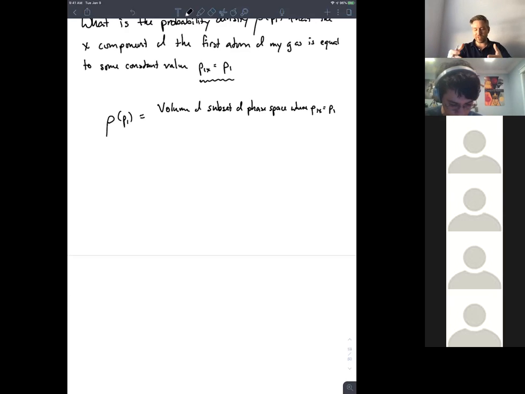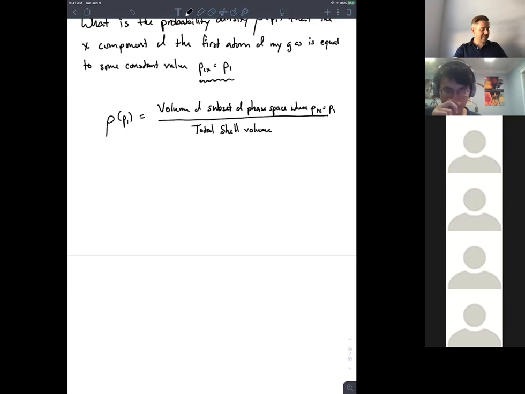Because the volume is essentially proportional to the probability, this is proportional to the probability we're interested in. And then to make this equal to the probability, we have to normalize it. So we divide by the total shell volume, and that will give us our probability. Okay, does that make sense?